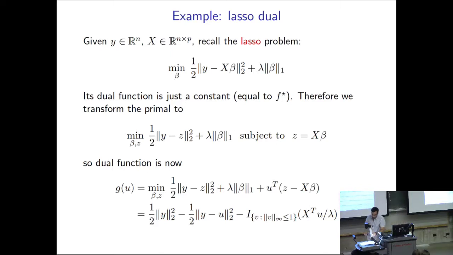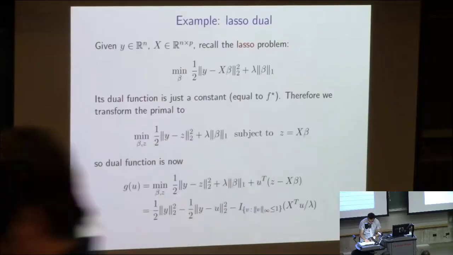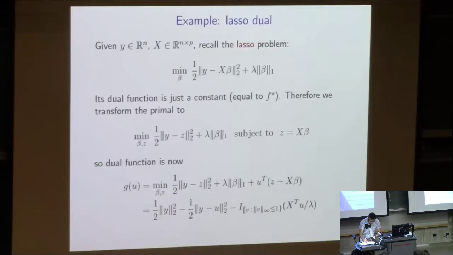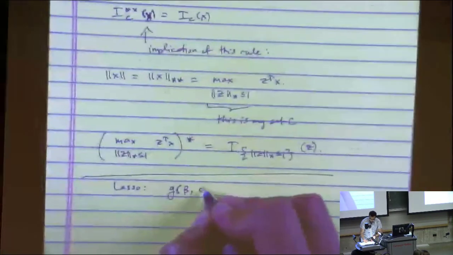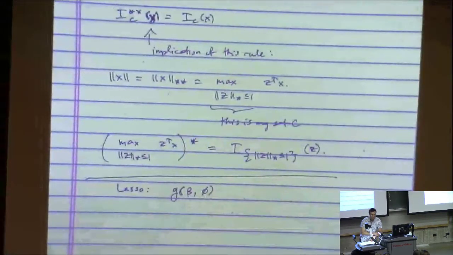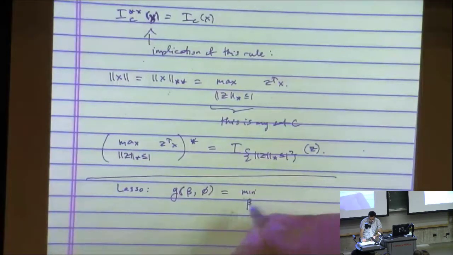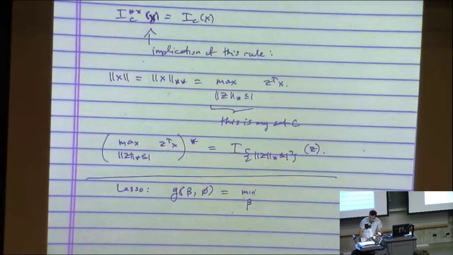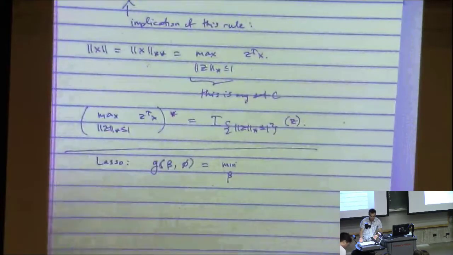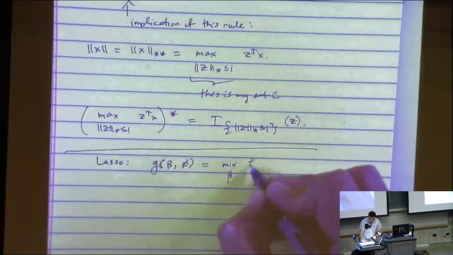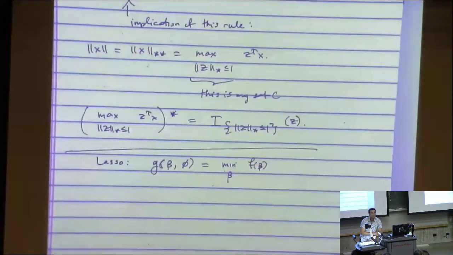If I look at the lasso, or really any unconstrained problem, the dual function is a function of beta, and also of the dual variables, of which there are none, because there are no constraints. So it's just given by the minimum of the Lagrangian over all beta. But the Lagrangian is my criterion, because there are no constraints.